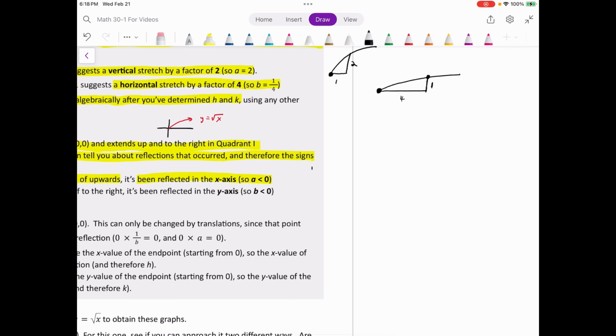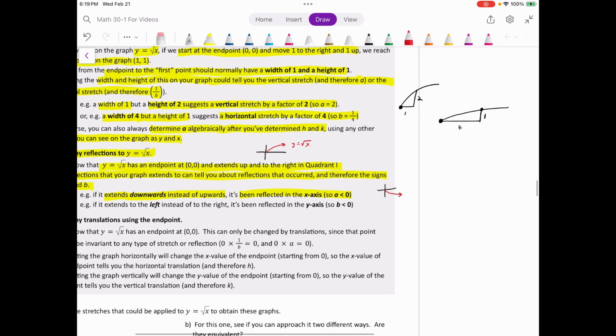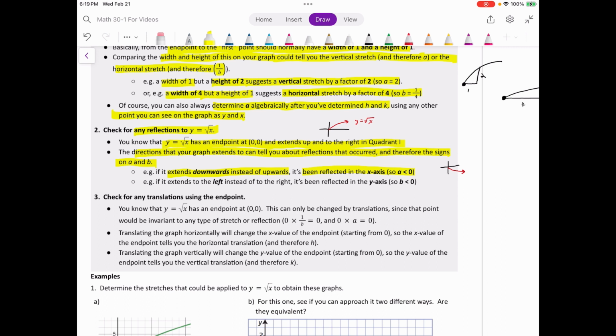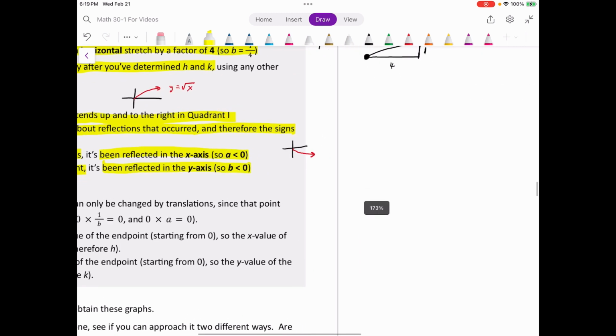That just means if instead of doing what we just drew for y equals root x, what if it does this? We saw that earlier in that example. If it extends downwards towards y is negative infinity, it must have been reflected in the x-axis, got flipped upside down, so to speak. If it extends to the left instead of to the right, it must have been reflected in the y-axis, so our b is negative, right?